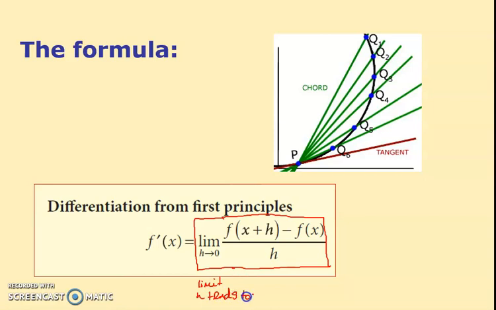That's how you'd say what I've just written down here, the limit as h tends to 0. And the idea of this is, if I want to find the gradient of this line here, which I'm calling PQ, you can see it as an estimate of the gradient of my curve.